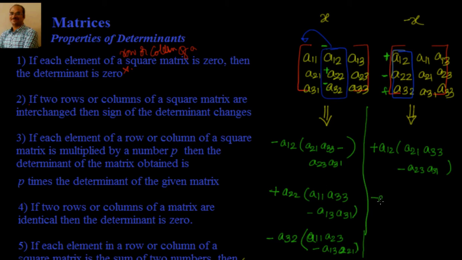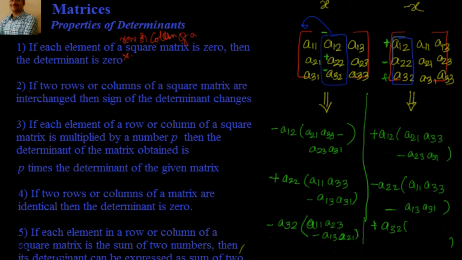Similarly, I have minus A22 into (A11 A33 minus A13 A31), plus A32 into (A11 A23 minus A13 A21).